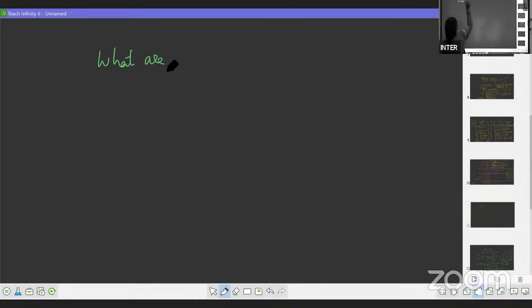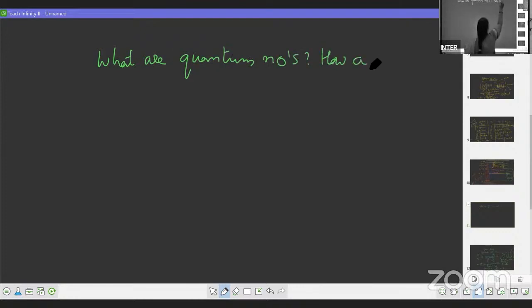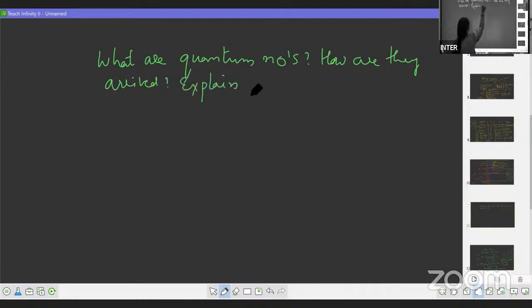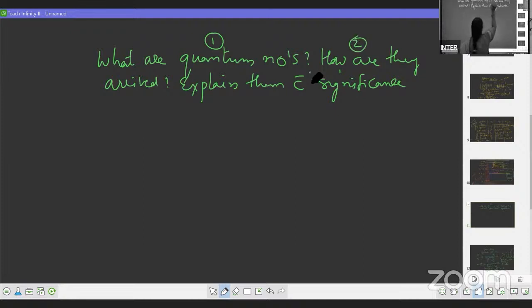What are quantum numbers? How are they arrived at? Explain them. Your question has so many parts, so this is one part, this is the second part, and your answer should also be like that.